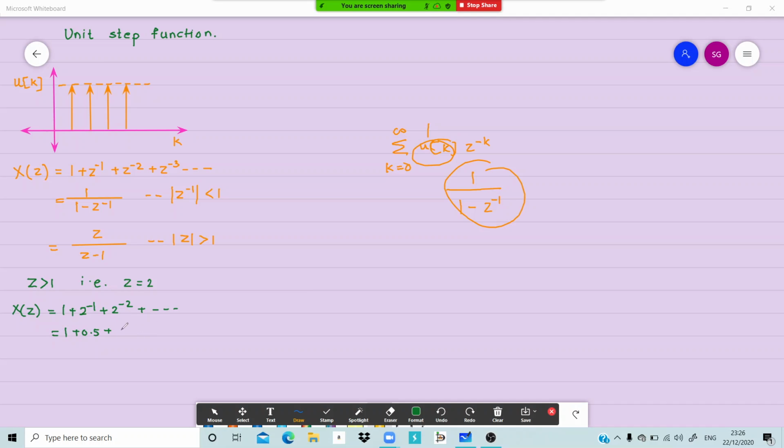Plus 2 raised to minus 2 means 1 upon 4, that is 0.25, and will continue. And definitely if we get the value 2 upon 2 minus 1, that is 2 upon 1, that is equal to 2. So definitely it converges.